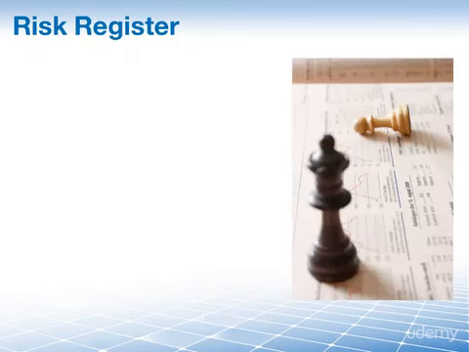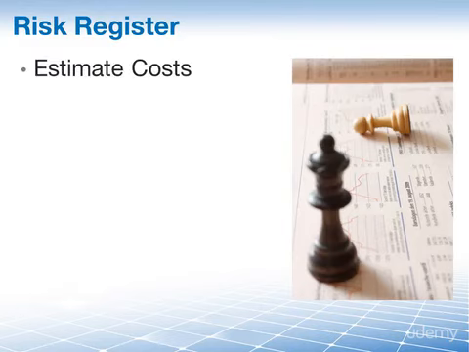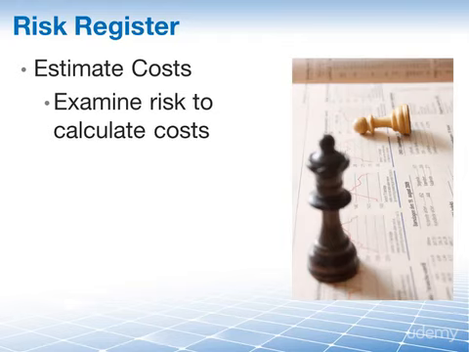Next, we have the risk register as an input, which, by the way, is an output from Identify Risks under Project Risk Management. To review, when we looked at the risk register as an input in Estimate Costs, we examined the risks for various activities to calculate costs for different contingencies.